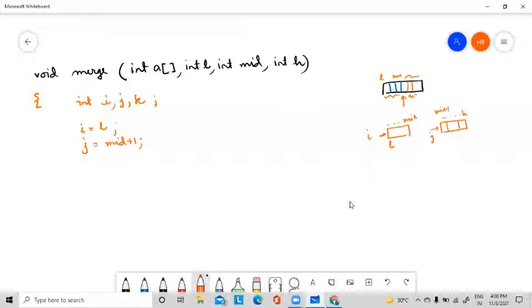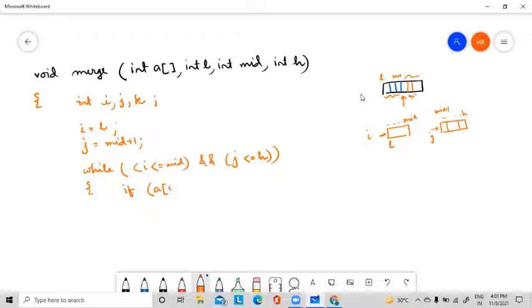Now I will compare the elements. I will move up to mid, so I already initialized with L. While I less than equal to mid and j less than equal to h, I will compare the two elements.